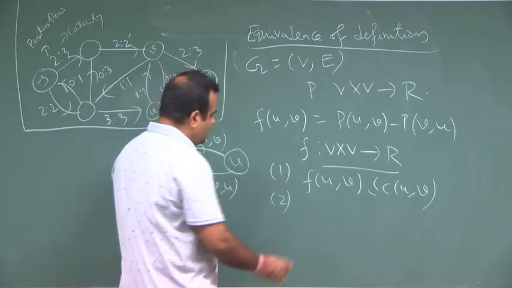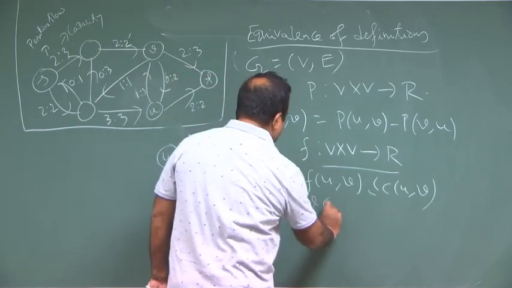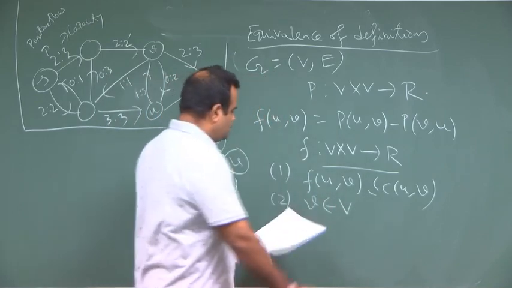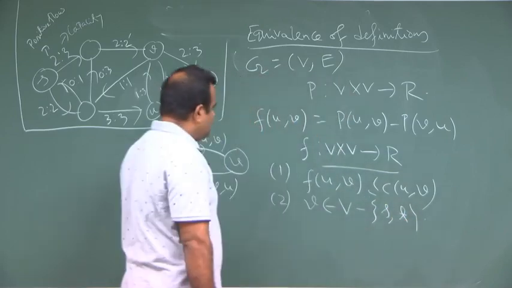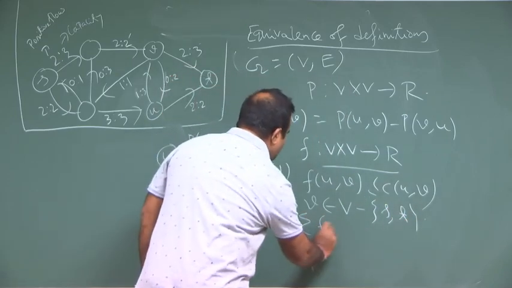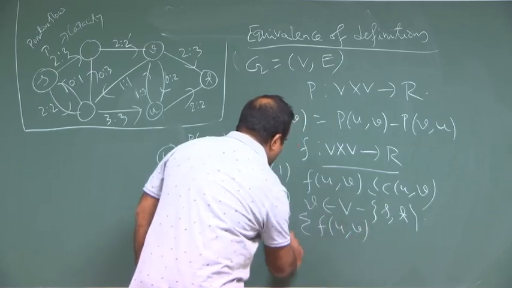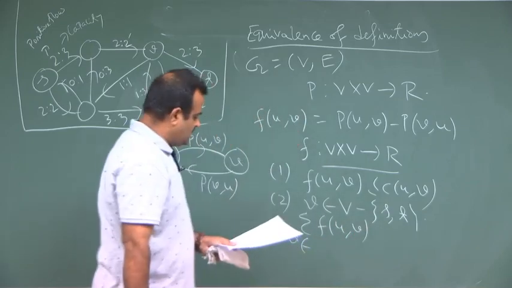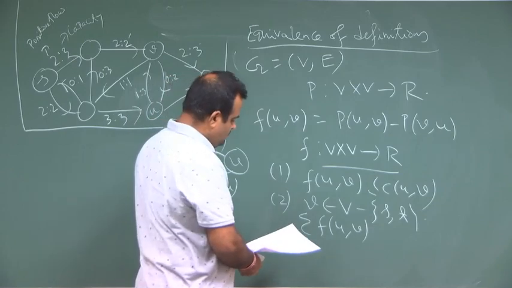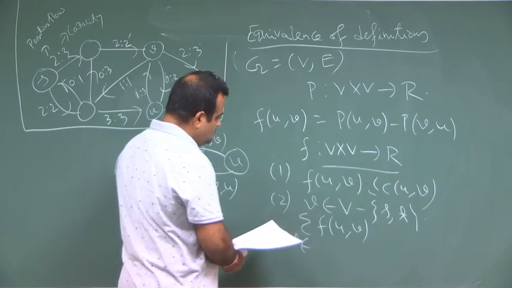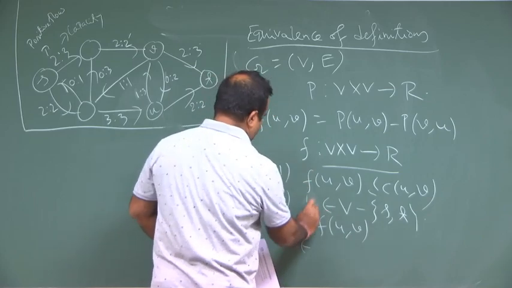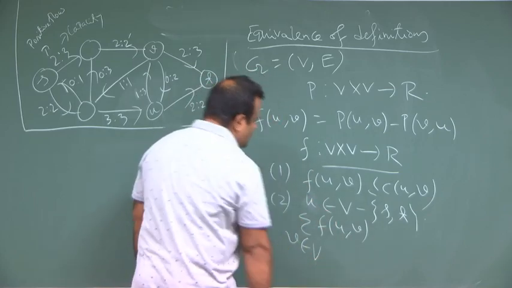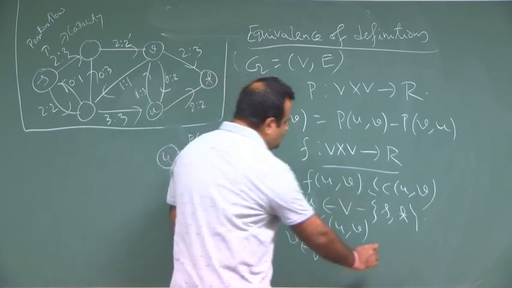If you take a vertex v which is not source or sink, then we want to calculate the summation of f of u comma v over all u, and we want to show it to be 0.